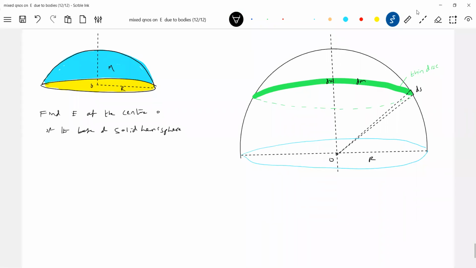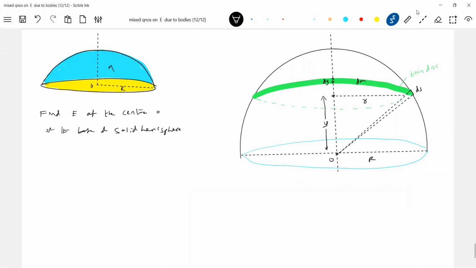This one, ds and dx will be different. Already in center of mass you might have come across dy. Let it be at a distance y, and let r be the radius of this.